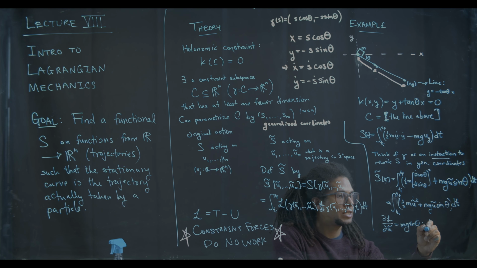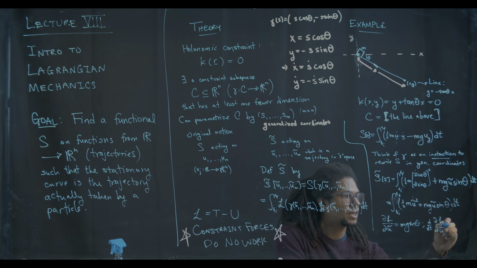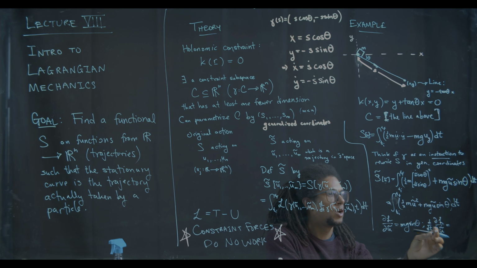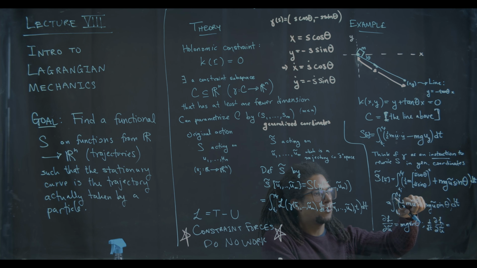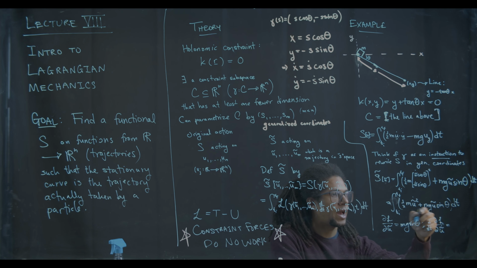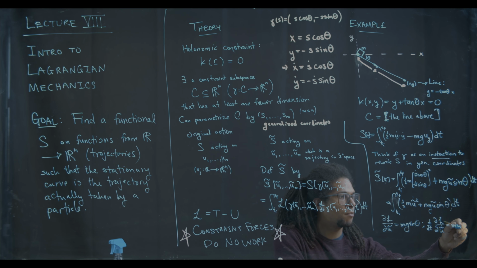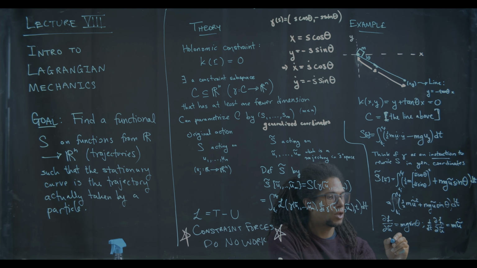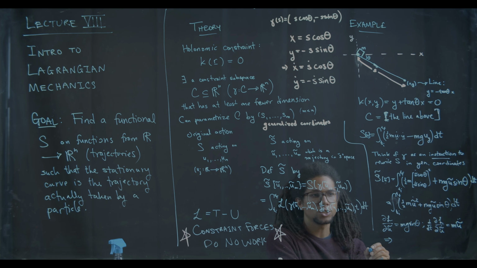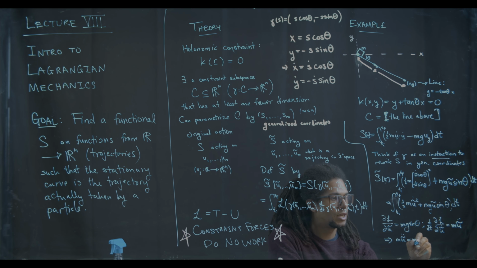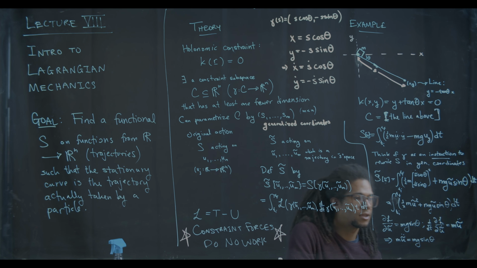Meanwhile, d/dt of dL/du tilde dot is going to be equal to, well, just this part would give me m u tilde dot, where the 2 up here has canceled the 1/2. And then I take another derivative and I get m u tilde double dot. So in other words, the Euler-Lagrange equation is m u tilde double dot is equal to mg sine theta.